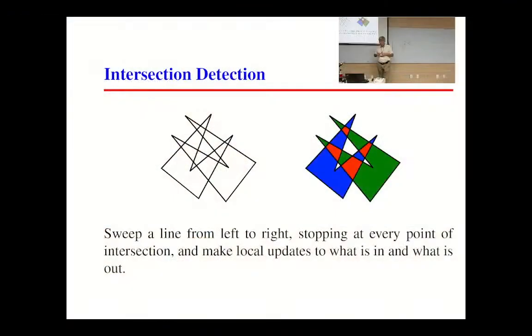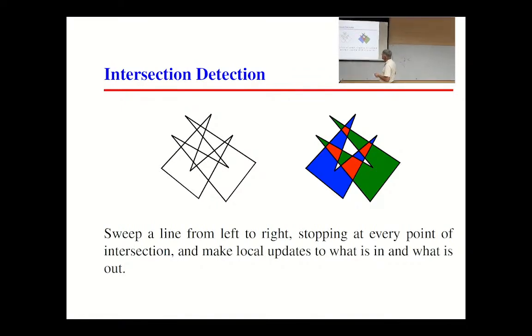So how would I find the area of intersection of two polygons? This is a good classic example of one where you would want to do a sweep line algorithm. What is the basic idea for this? If I'm going from left to right, I am going to pass my line.